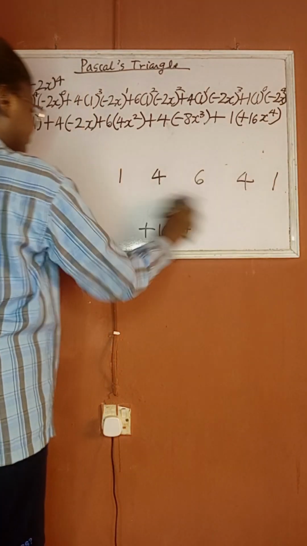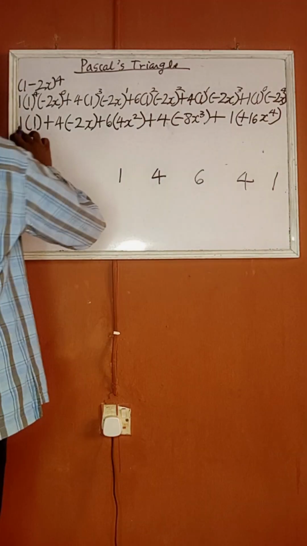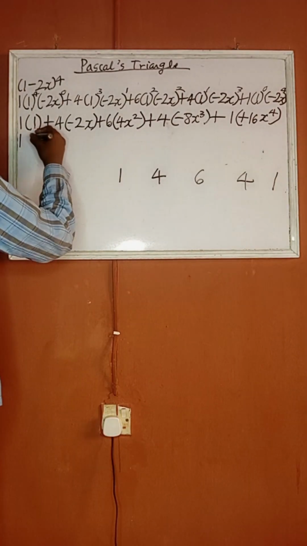So let's start putting things together. Let's collect like terms now. 1 times 1 is 1.